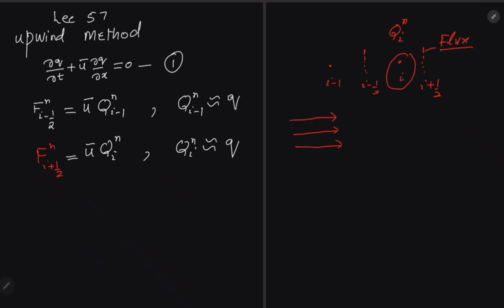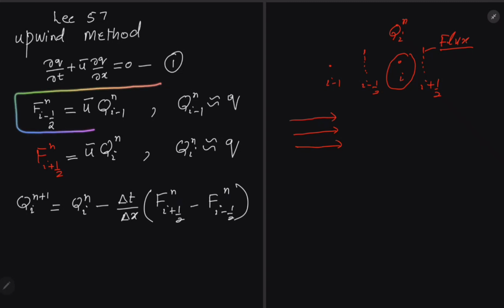So our numerical method will be, or maybe first I write the numerical method in the flux form: Qn plus 1 I is equal to Qn I minus delta t by delta x times Fn I plus 1 half minus Fn I minus 1 half. So we first need to define the flux. We already did that for the Upwind method by physical reasoning.